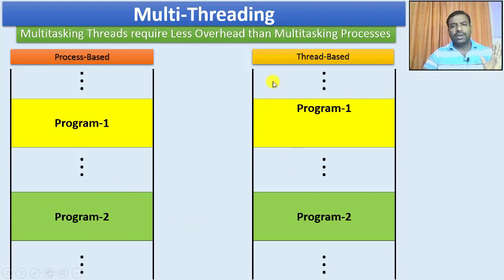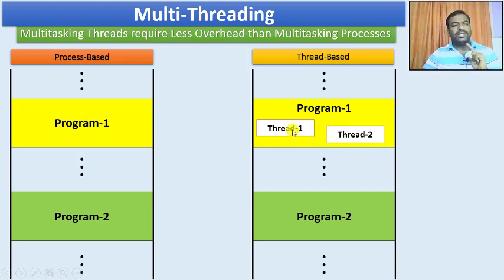Clear? So in thread based, I am going to have the same program 1, program 2 with its own dedicated address space. But when I say thread based, you should go into detail of the program, where I am going to have part 1 and part 2. So right now I am going to have thread 1 and thread 2, which are executing concurrently in parallel. Now just observe this.